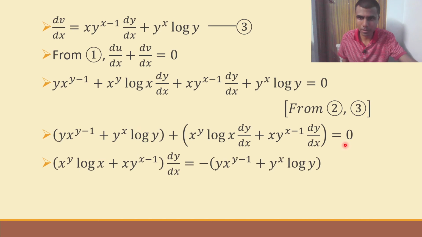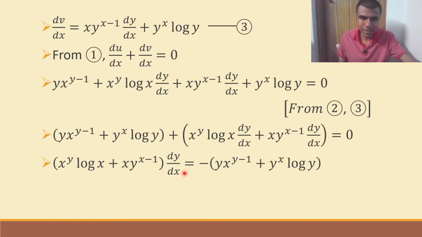Like 0 is there, right? If you send it here, it's positive. If you go that side, it would be negative. Now in this, just take dy by dx outside as common, it's there in both terms. So I will be left with x power y log x plus x y power x minus 1, into dy by dx.